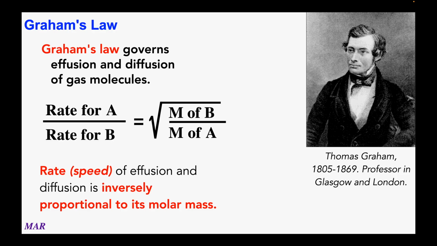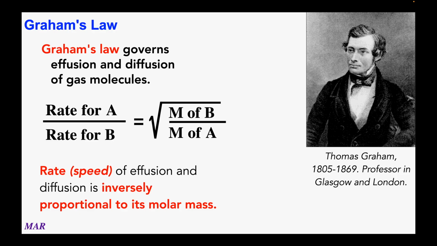So the lighter molar masses, helium and hydrogen, things like that, are going to effuse and diffuse a lot faster. On the other hand, the bigger molar masses, SF6, bromine, stuff like that, will effuse very slowly. So that's basically what it is. And you can actually calculate the differences in rates if you want using that. We won't do that too much, but it is something you can do.